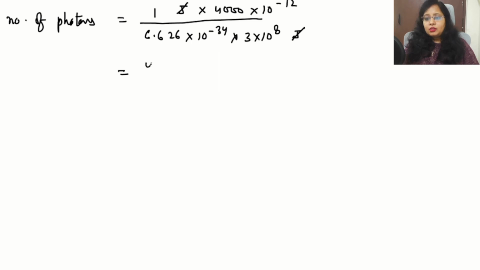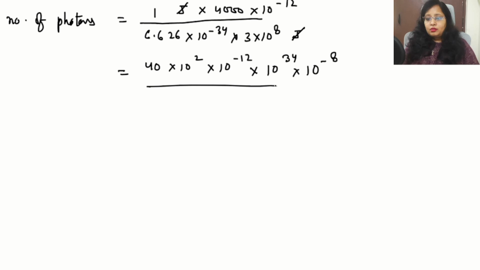So 4000 we can write as 40 into 10 to the power 2, into 10 to the power minus 12 that is already existing. Now 10 to the power minus 34 will go up and turn to 34, and 10 to the power minus 8 will change to minus 8. Now what is left over in the denominator side? 6.626 into 3 only, because the powers will go up.